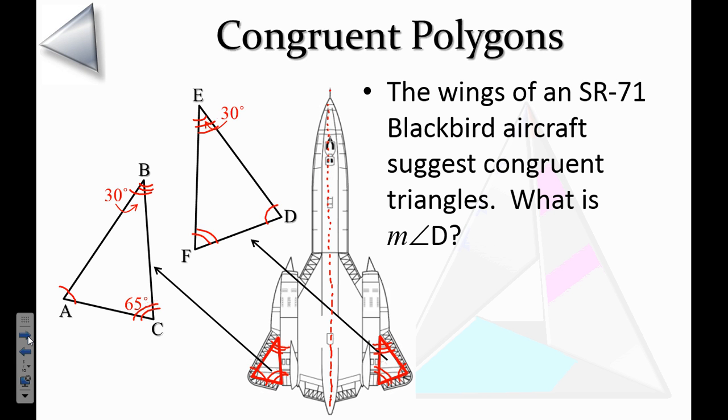So if they ask us what's the measure of angle D, I have 30 degrees at E and B. I have 65 degrees at C. So where should I put my 65 degrees in this other triangle? At F. And we know D and A are congruent. So how can I figure out how many degrees is the measure for angle D?